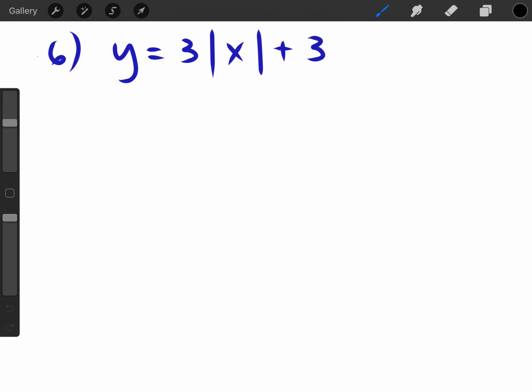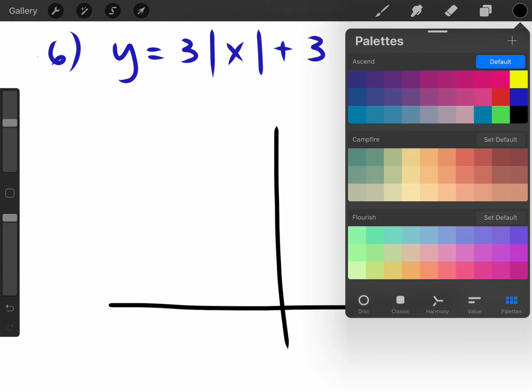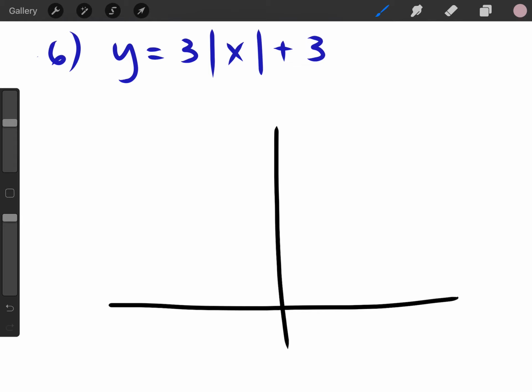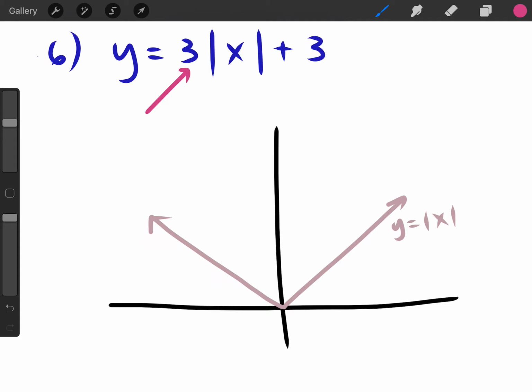So, similar problem, right? This time, start with the regular size V. It's your parent function, y equals the absolute value of x, and then analyze it. Steep, and then nothing going on inside of the absolute value, so there's no shifting toward the left or right. We call it the horizontal translation.